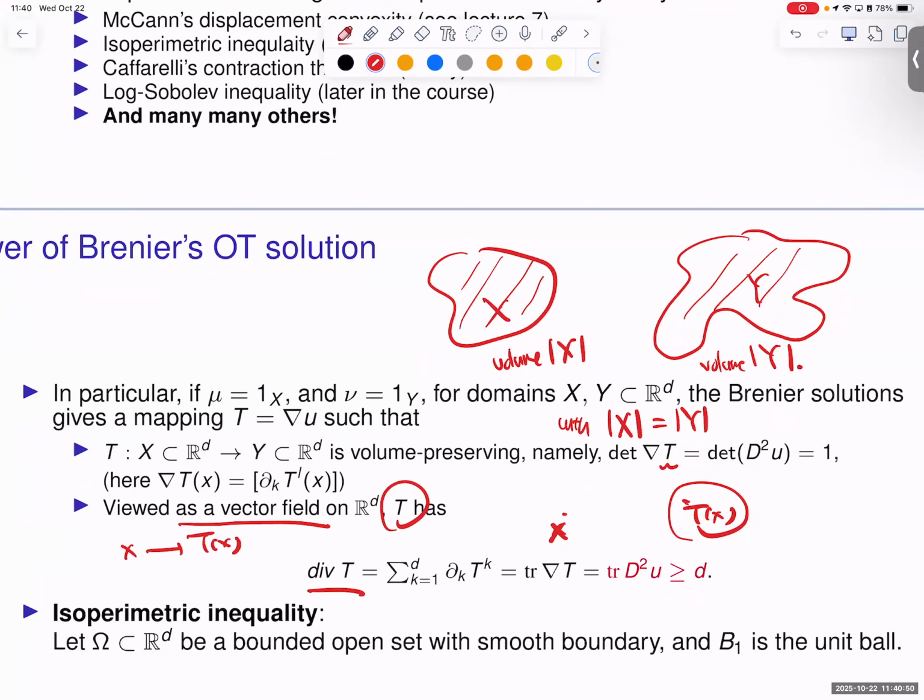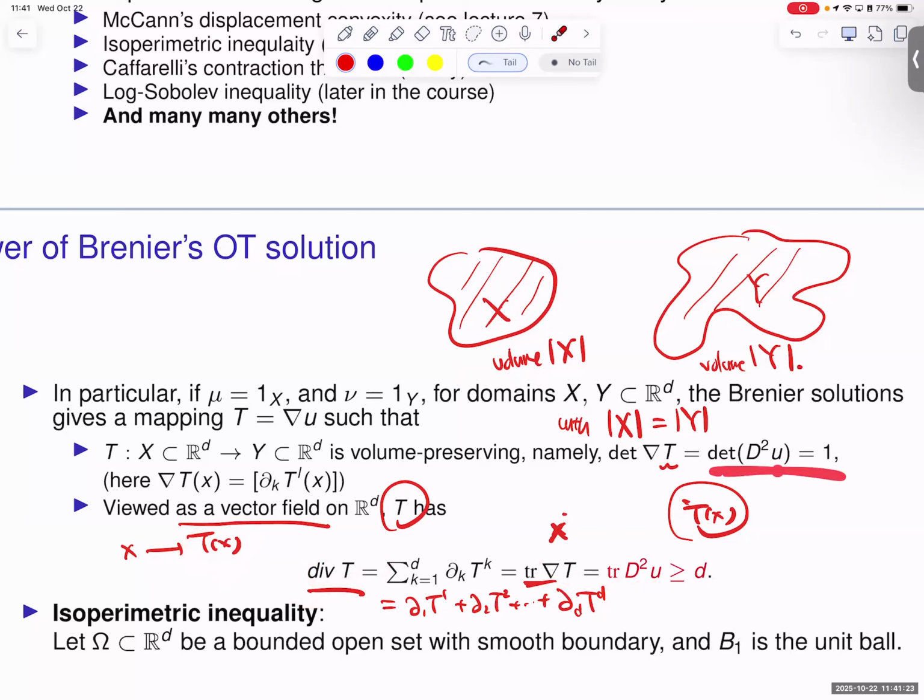For the divergence, you differentiate each component by the coordinate of the component and then take the sum, which is nothing but taking the trace of this Jacobian matrix. But T was the gradient of u, so this Jacobian matrix is nothing but the Hessian of u. So the trace of the Hessian of u is the same as the divergence of this vector field.